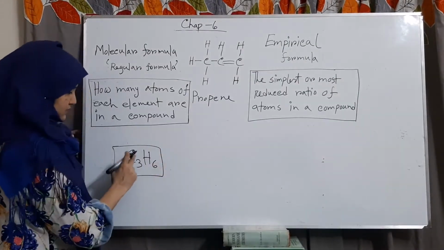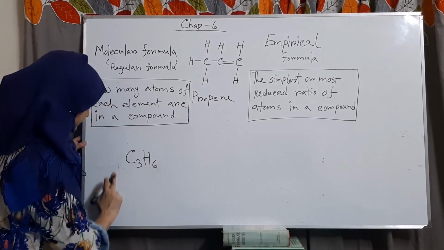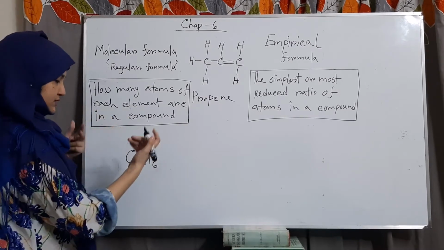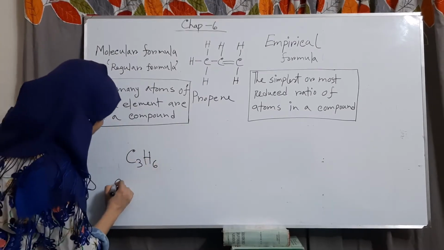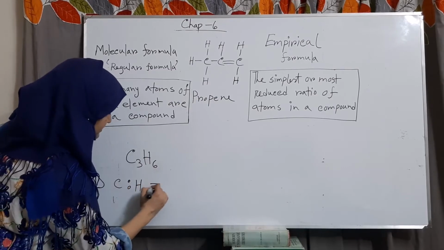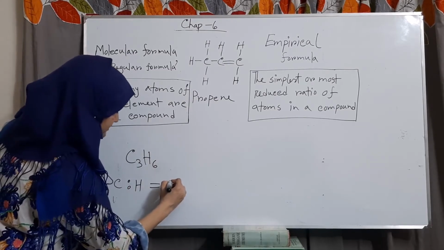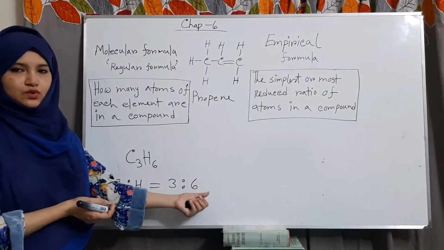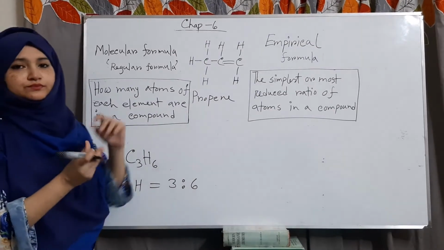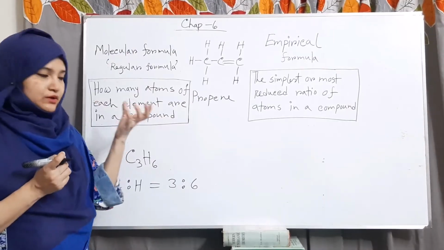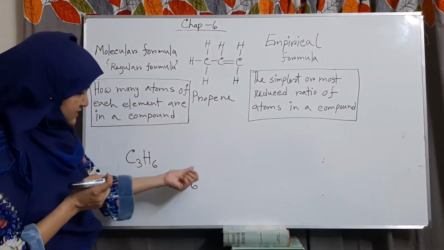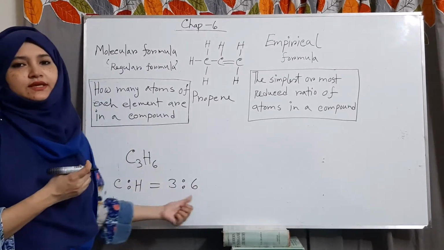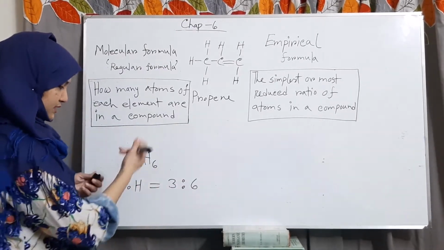Let's see. This is propene. If we take the ratio of carbon and hydrogen atoms, then we can write 3:6. Now we have to think what is the largest number by which we can divide both of these numbers.